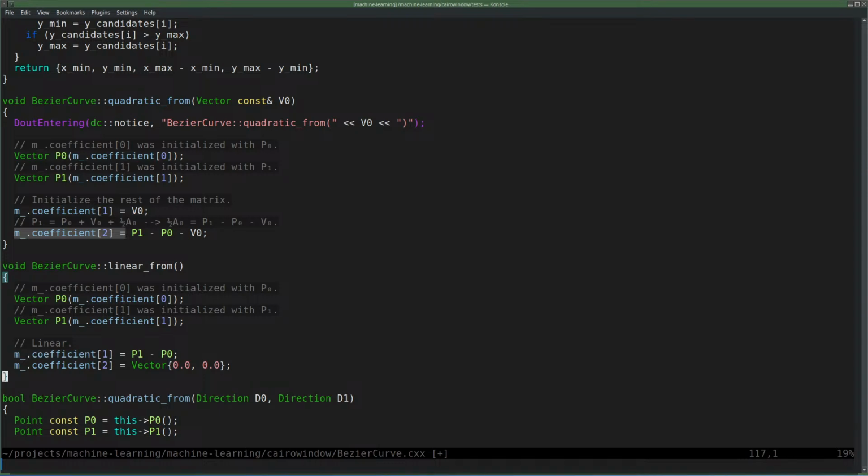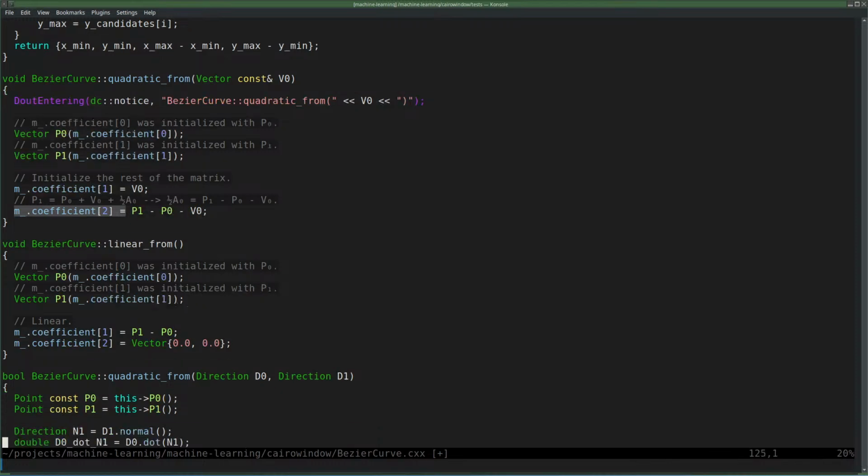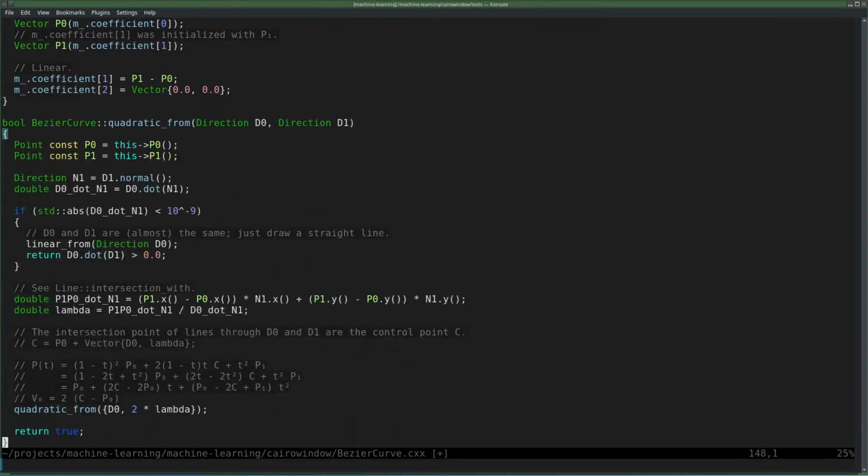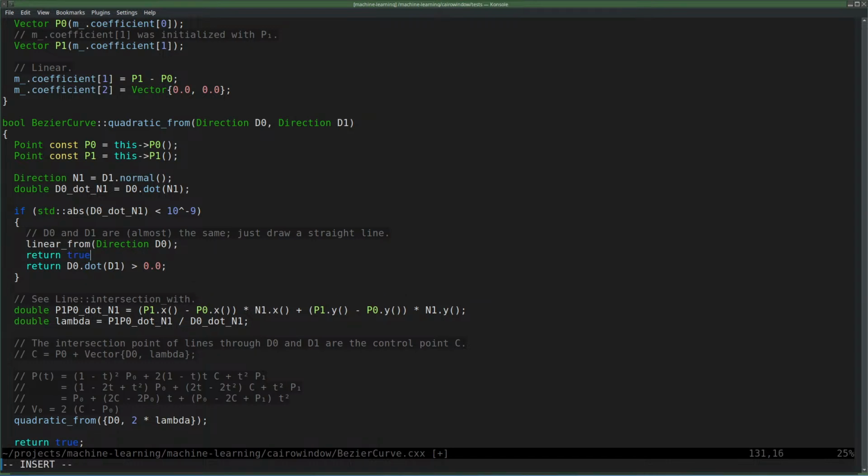It probably is, because it worked before, but I'm not sure if that's guaranteed and stuff. I'm gonna do a return true here, false here.